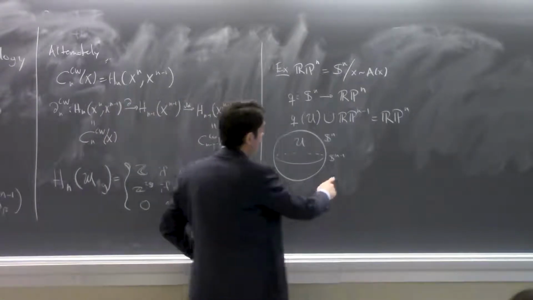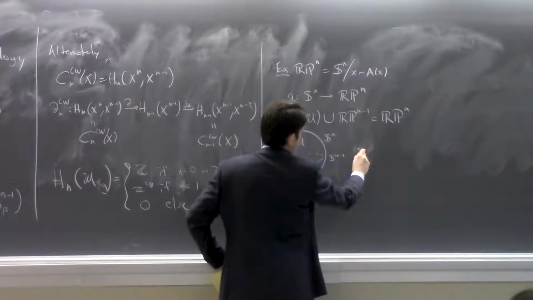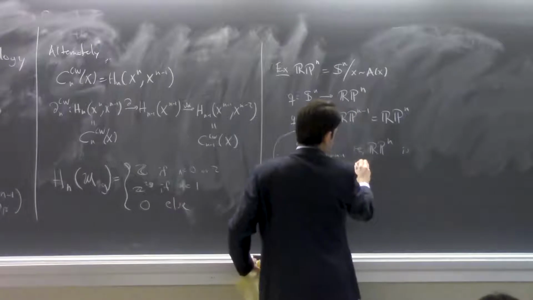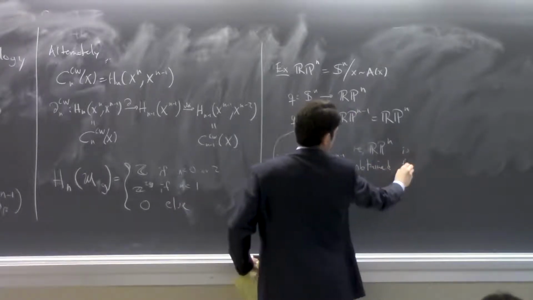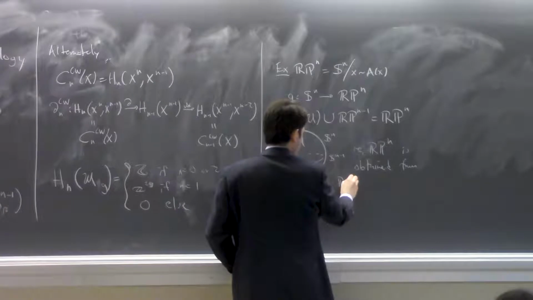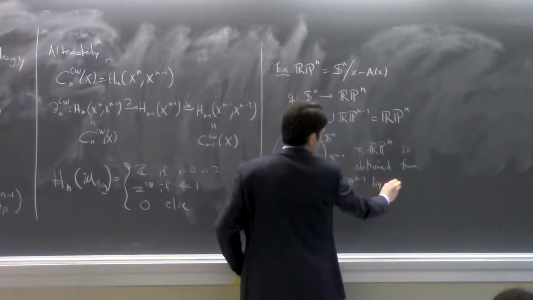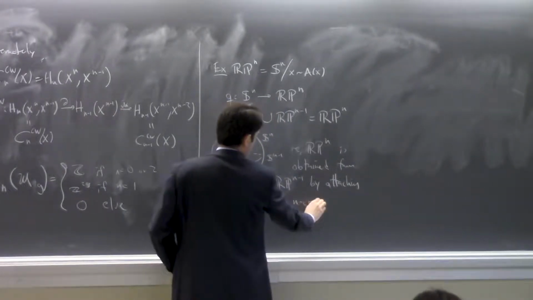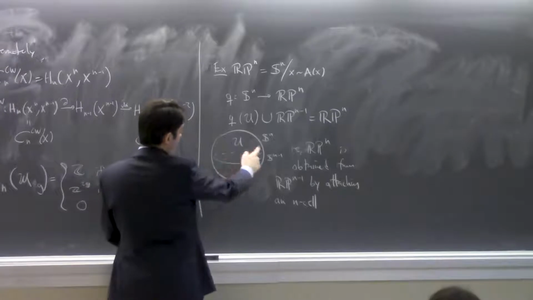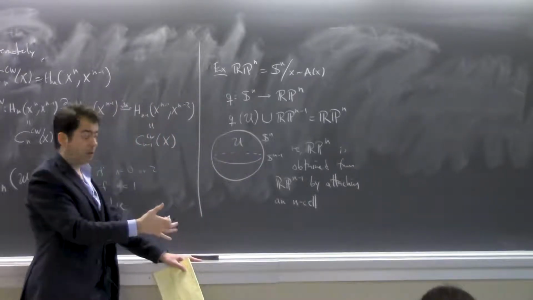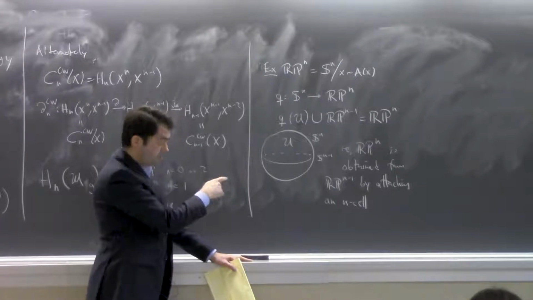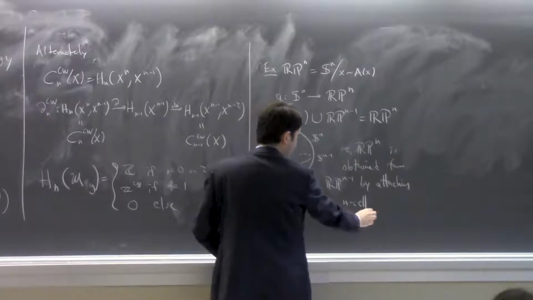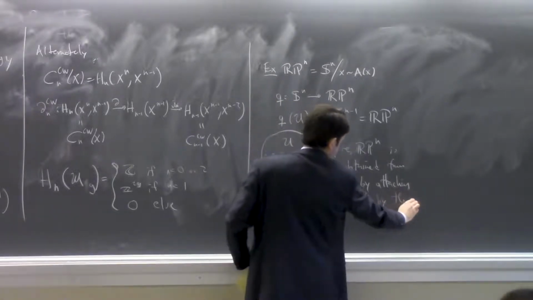So the way to think about this is that RPn is obtained from RPn minus 1 by attaching an n cell. This upper hemisphere is a disk, and all we have is an attaching map on its boundary, an identification map on the n cell by the quotient map.